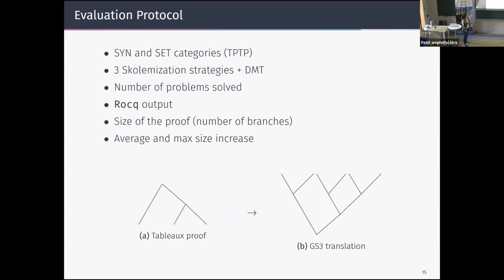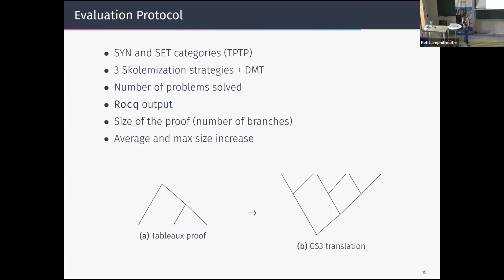We performed some experiments. So we tested ourselves on the TPTP framework, on the three deskolemization strategies and deduction modulo theory, which is a way of managing any kind of theory in a generic way. And we counted the number of problems solved.